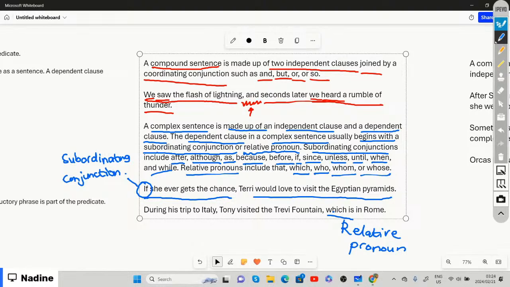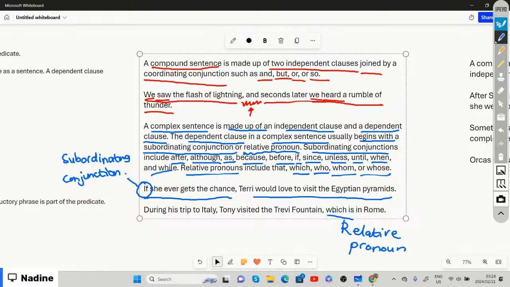And then we have a complex sentence, which is made up of an independent clause as well as a dependent clause. The dependent clause within that sentence usually begins with a subordinating conjunction. And I say there's a difference between a coordinating conjunction and a subordinating conjunction.